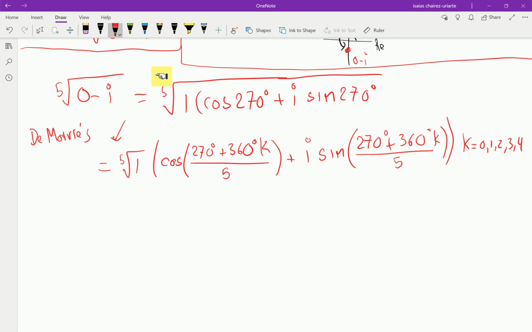Okay, let me clean this up a little bit. Well, this becomes 1, and then this becomes cosine of 270 divided by 5. 270 divided by 5 is 54, and 360 divided by 5 is 72.